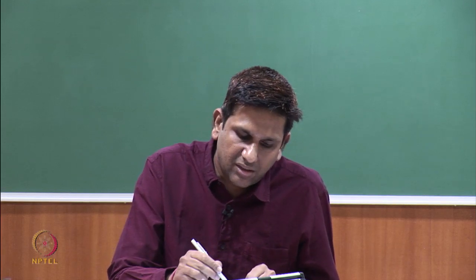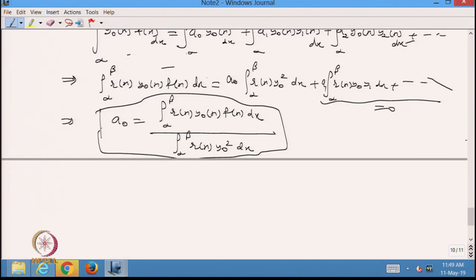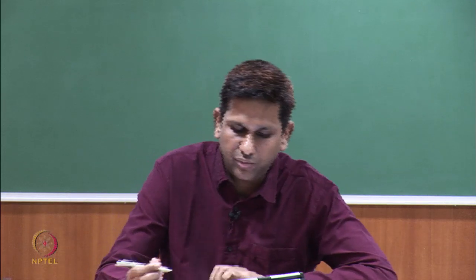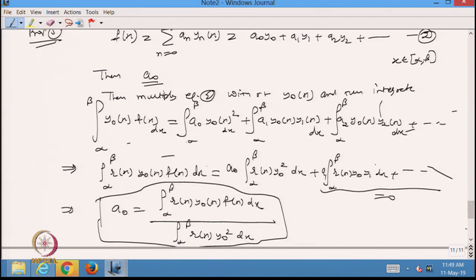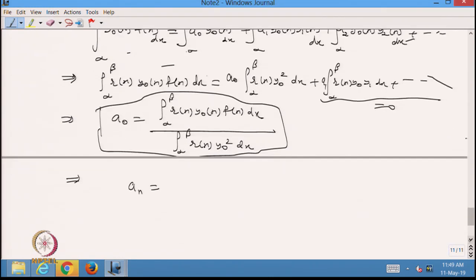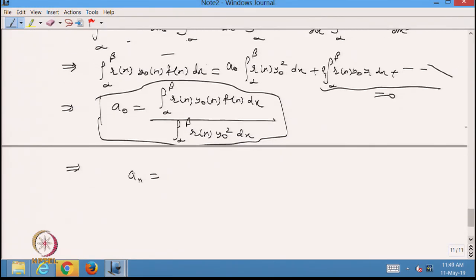So, this is possible only when we have the property that all the eigenfunctions corresponding to the different eigenvalues are orthogonal to each other. So, from here if I want to find any general value of an, then I will again apply the same thing. I will pre-multiply equation number 2 by Rx into yn x. Suppose I want to find the value of an, so I will multiply by Rx into yn x and then integrate with respect to x between the interval alpha to beta, and from there I am able to find the value of an.